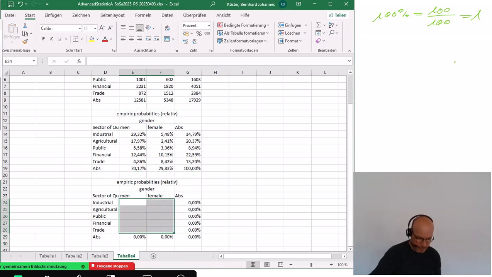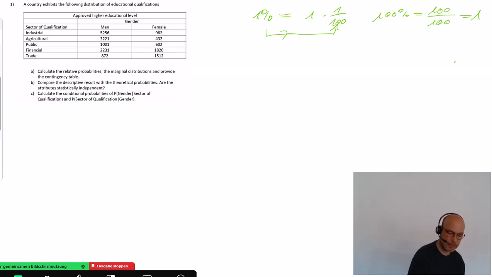So for this, we have to assume the conditional probability to be in one sector and then to be female. In general, conditional probabilities we obtain via Bayes' law.